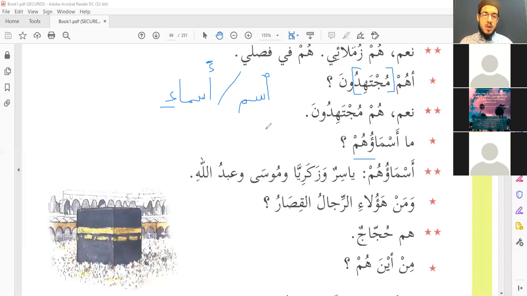And now we get into another confounding word which seems to apply to human beings but is actually a broken plural, al-rijal. Before, we learned that the singular for man is ar-rajul. And actually, ar-rajul is derived from the word for leg, rijl.